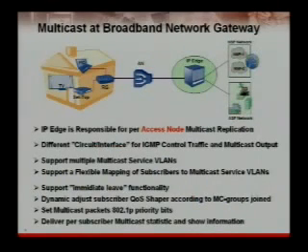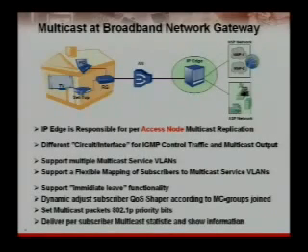If you take a closer look at the different components, here I call it the broadband network gateway, to be consistent with the TR-101 naming. I called it IP edge on the slide and broadband network gateway on the title, just to confuse myself.